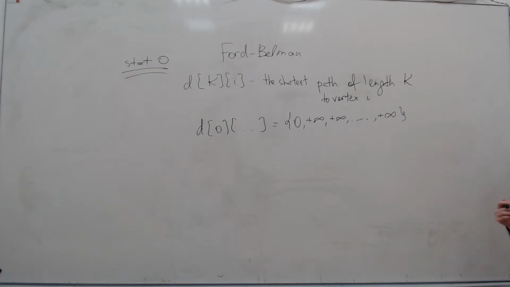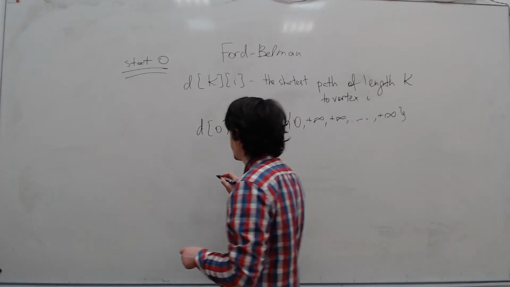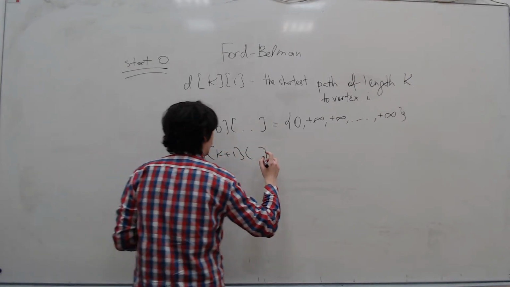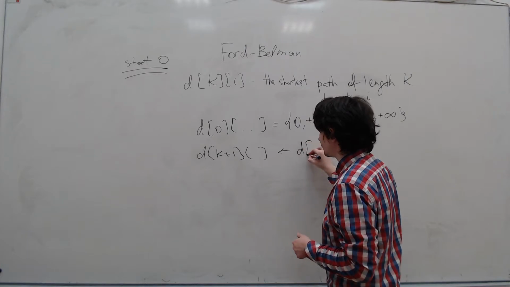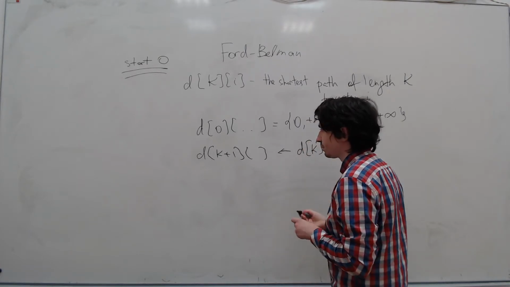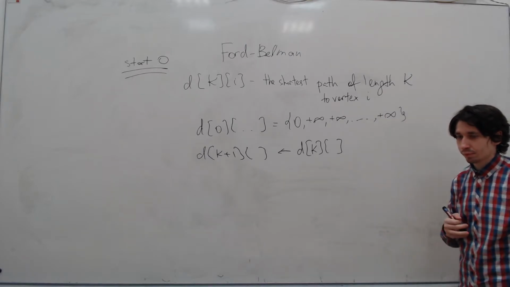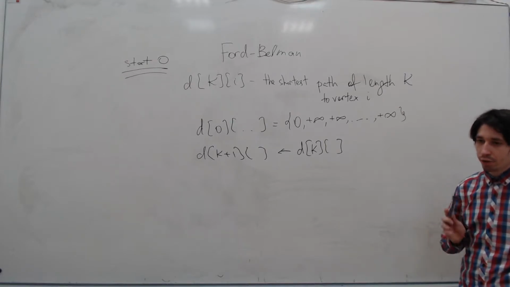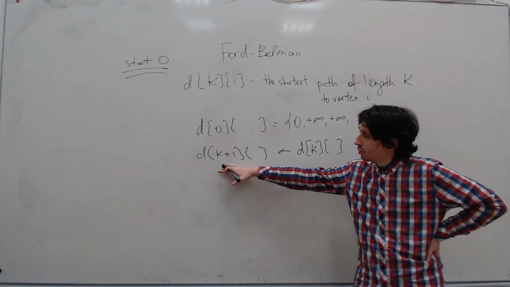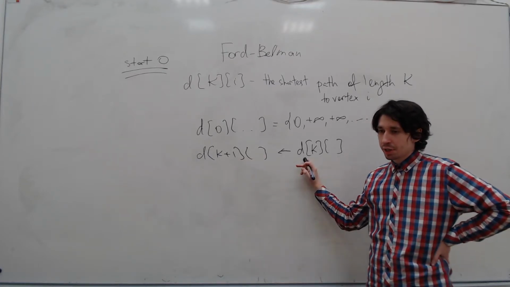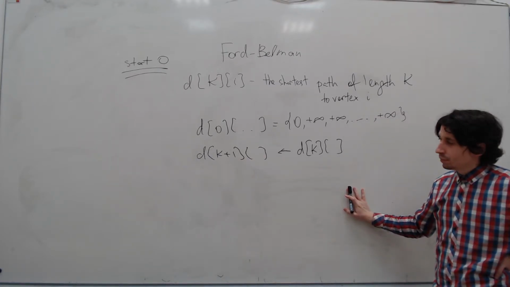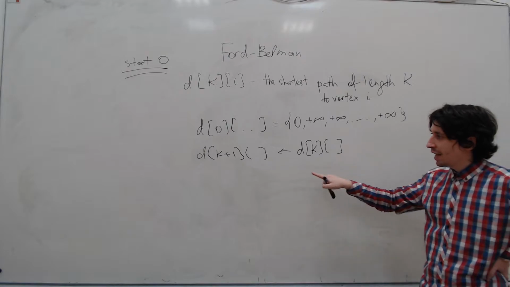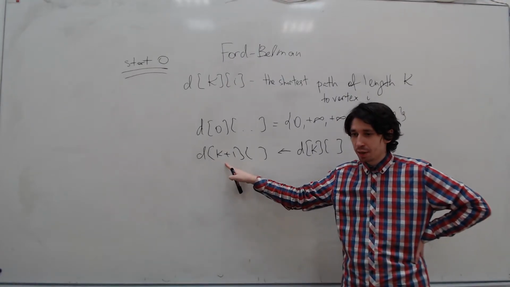So how do we recalculate that? Suppose that we want to calculate d[k+1] from d[k]. Do you have any ideas how to recalculate the next layer of the dynamic programming from the previous layer? These are the paths of length k, and these are the paths of length k plus 1.